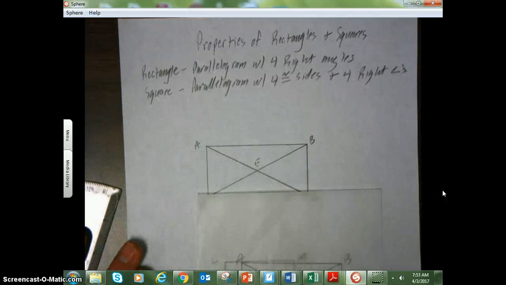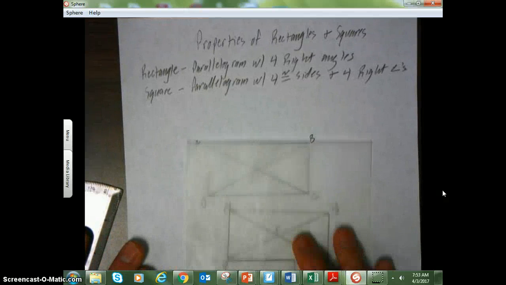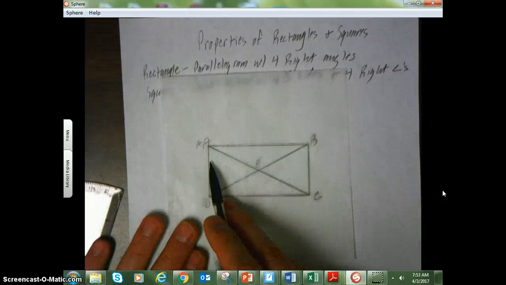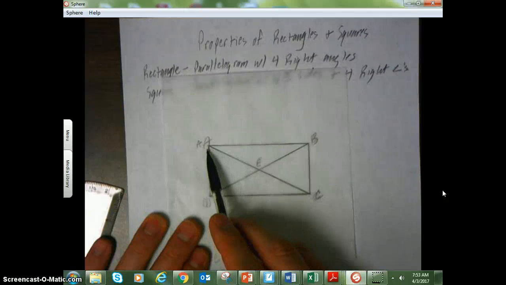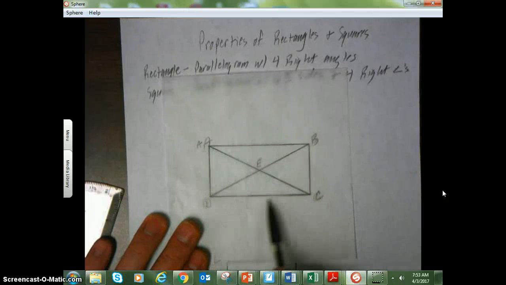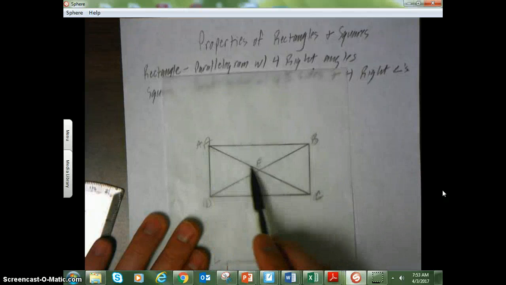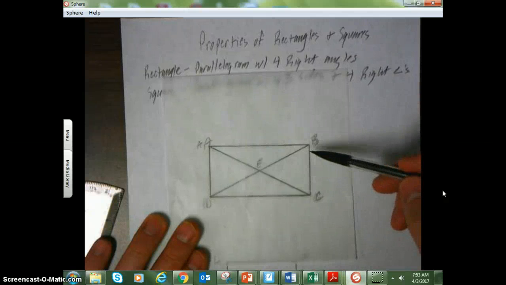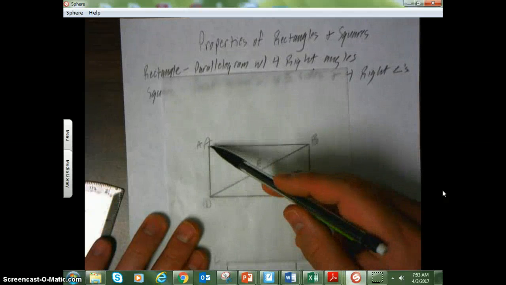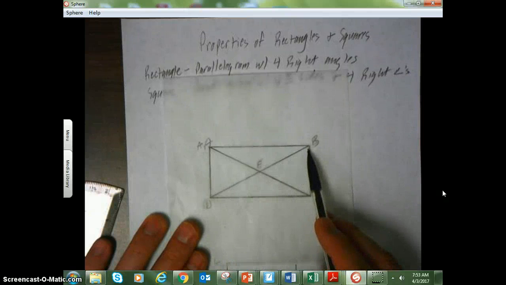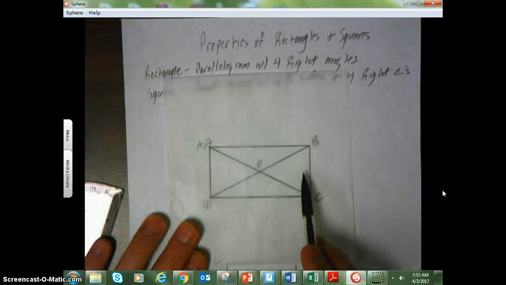So the diagonals do bisect each other, but what about the diagonal lengths themselves? Because essentially what we're looking at, like I said, we have four right angles. So this is a leg of a right triangle, this is a leg of a right triangle. So segment AC has to be its hypotenuse. Well, this is a leg that happens to be congruent to this leg, and this leg is shared between the two triangles, so it makes sense that here I would have side angle side congruency.